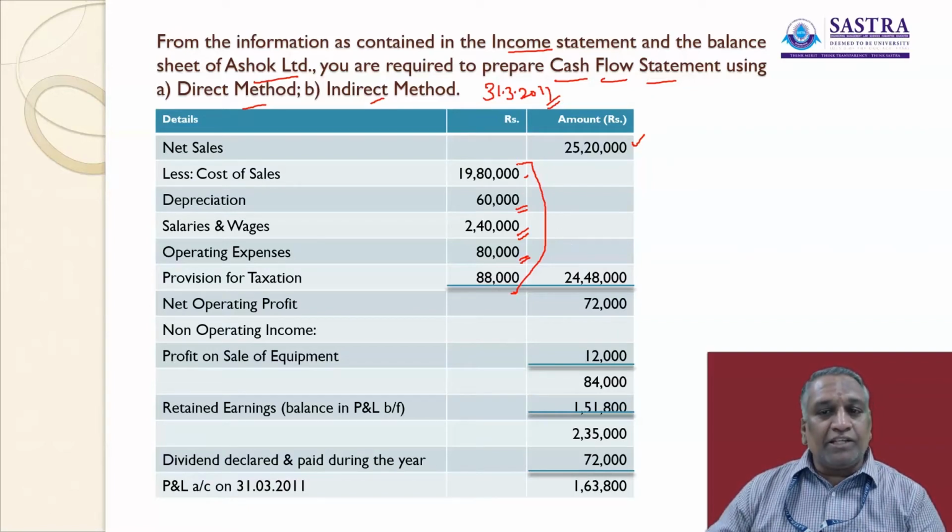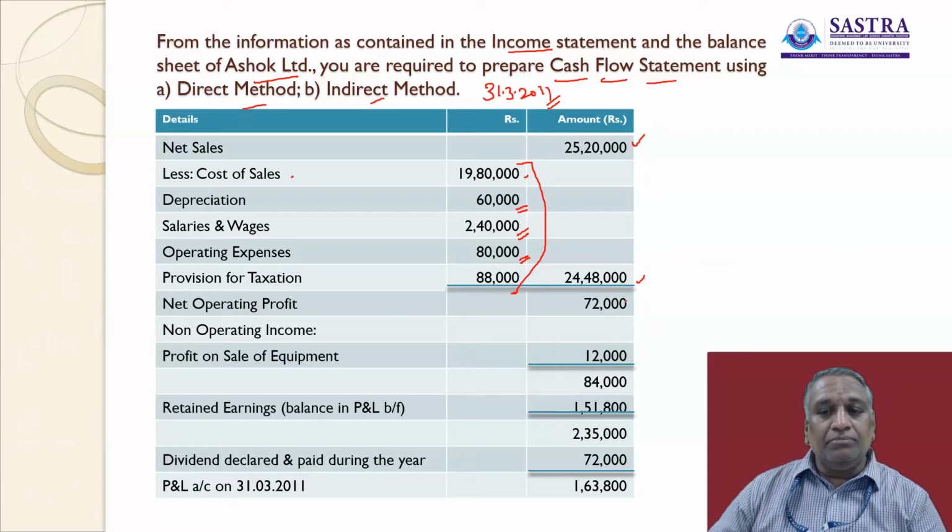And these were the expenses claimed and charged against sales of 25,20,000, and the total claims amounting to rupees 24,48,000, comprising cost of sales, depreciation, salaries, operating expenses, and provision for tax, all put together, are calculated at 24,48,000.